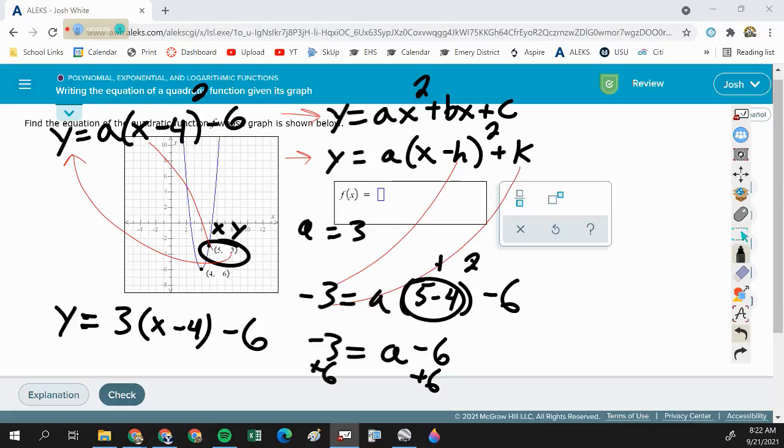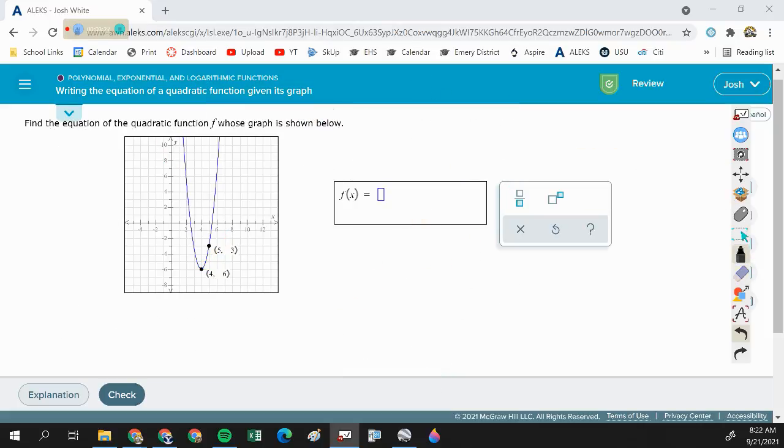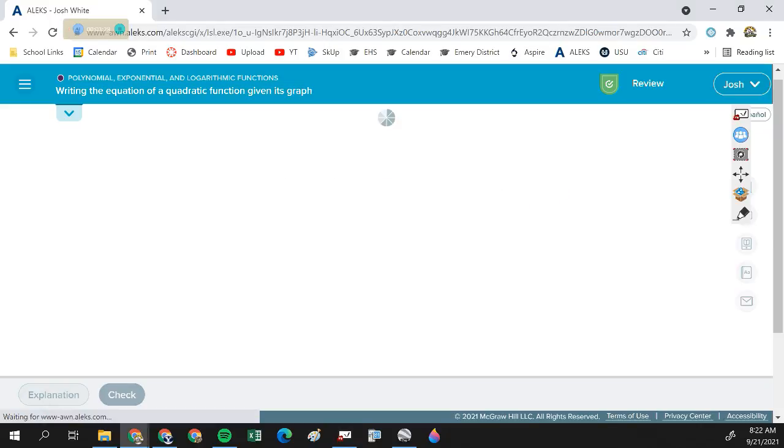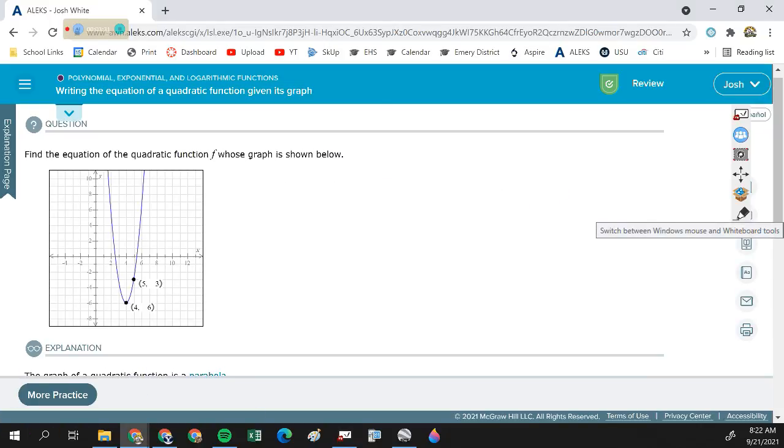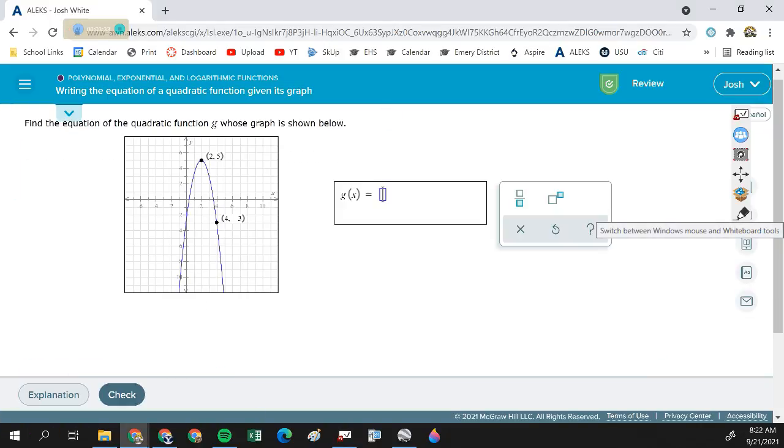Now, if you can look at the graph and figure out what a is, great. But sometimes it's not going to be that easy, because it will be like over 1, up 3/4. And that's harder to figure out. So you would need to plug in the x and the y to find a. Let's see if I can find one of those. Nope, that one's pretty easy.